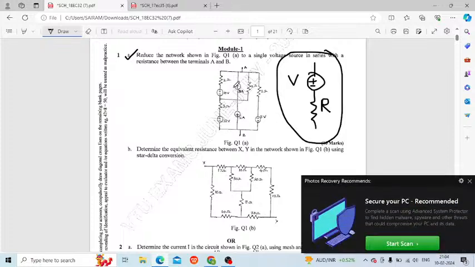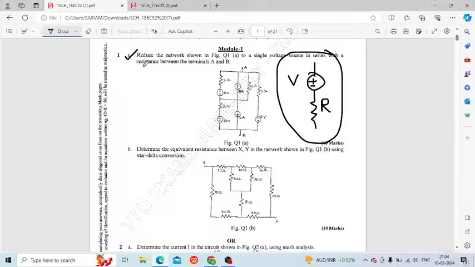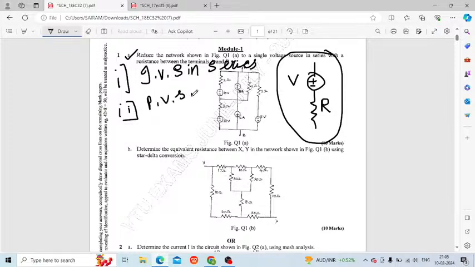What and all have we learned today? The very first one we have learned today is ideal voltage sources in series, IVS in series. The second one is the practical voltage sources in series, PVS in series, the same thing.